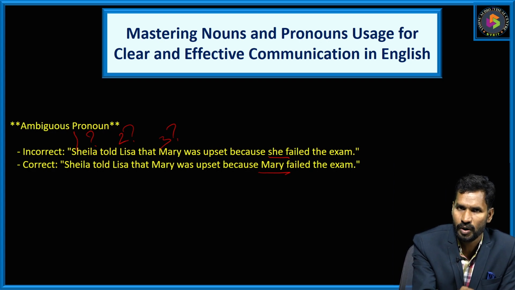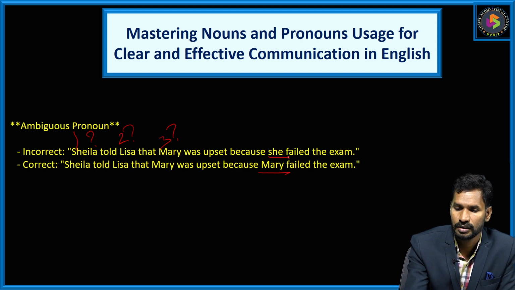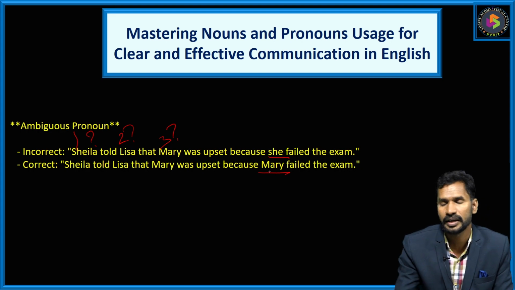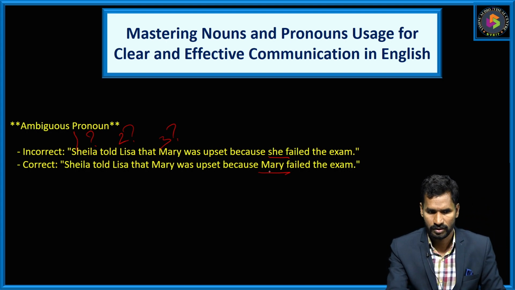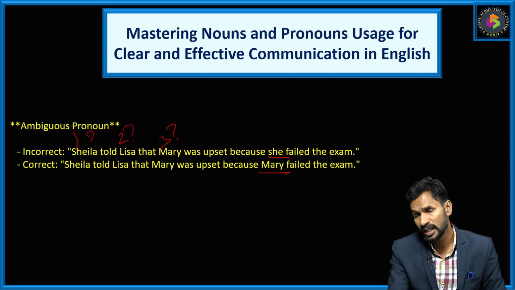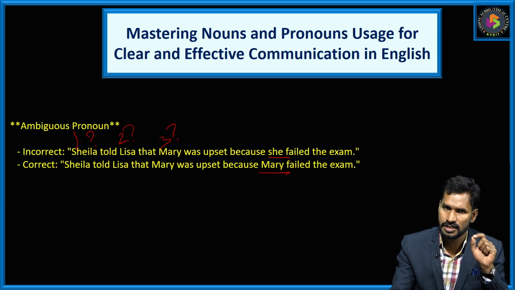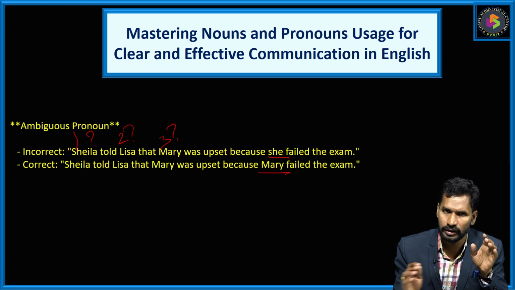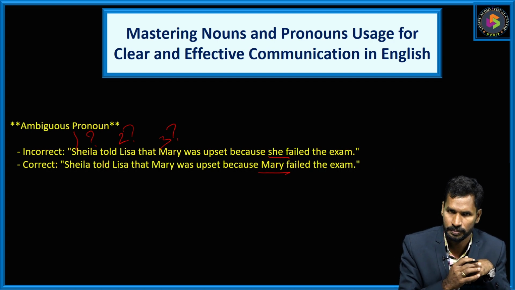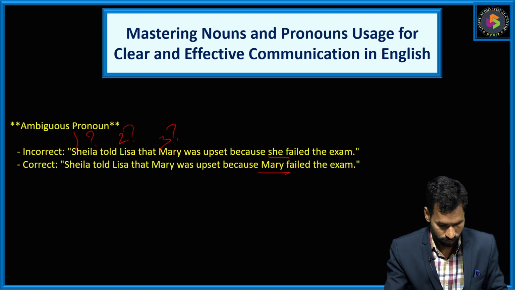So in order to avoid this ambiguity, we are replacing the pronoun with a noun, that is, Mary. This is the first thing. When we have too many proper nouns, the best way is to add the proper noun instead of the pronoun.